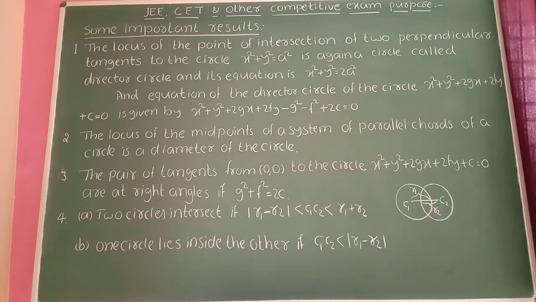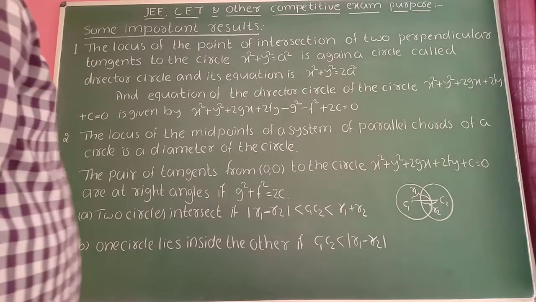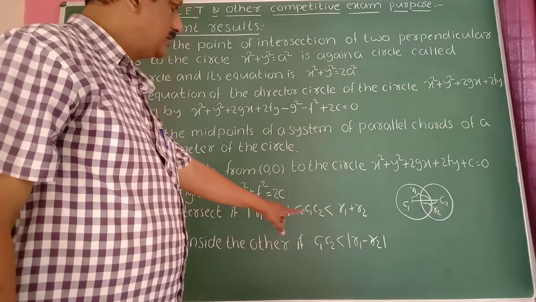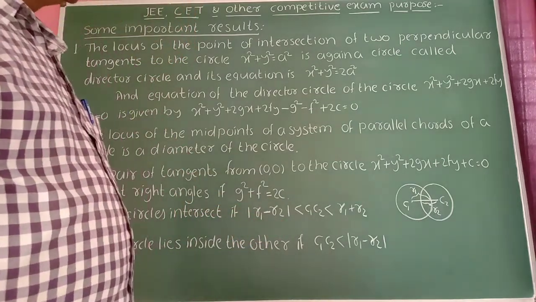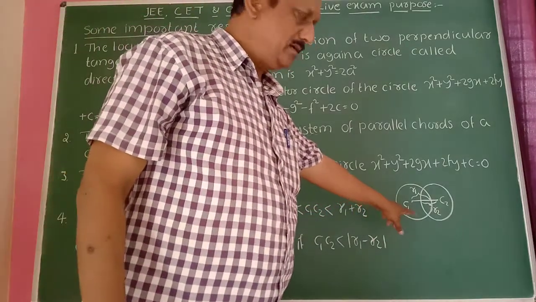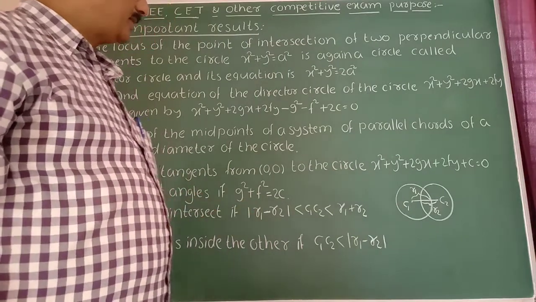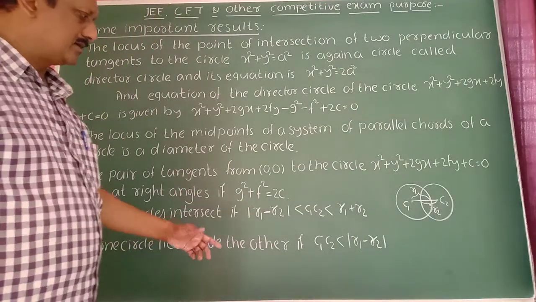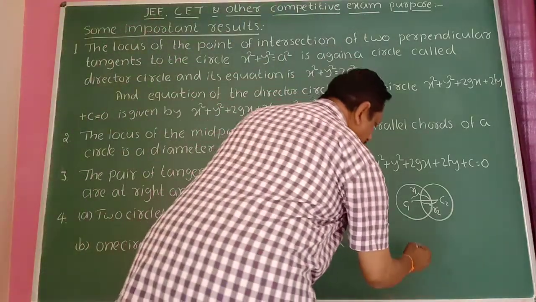Two circles intersect if modulus of R1 minus R2 is less than C1C2 is less than R1 plus R2. So two circles intersect here like this, if this condition is satisfied. And for one circle lying inside the other, here is one circle.